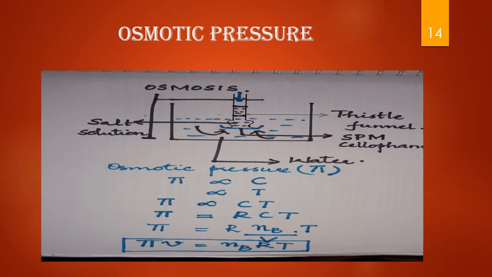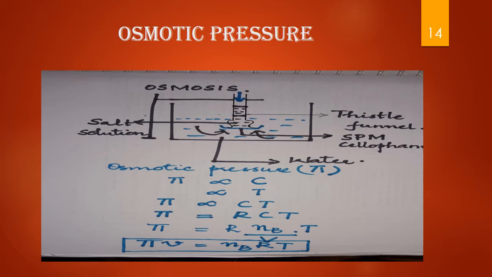This is just the way we depict osmotic pressure, and that is proportional to the concentration of the solution and the absolute temperature, with which we can just equate the equation as pi is equal to CRT, where R denotes the universal gas constant, C is the molarity of the solution, and T is the absolute temperature.